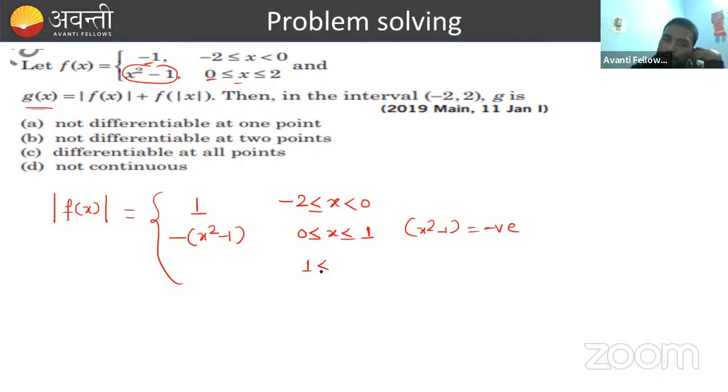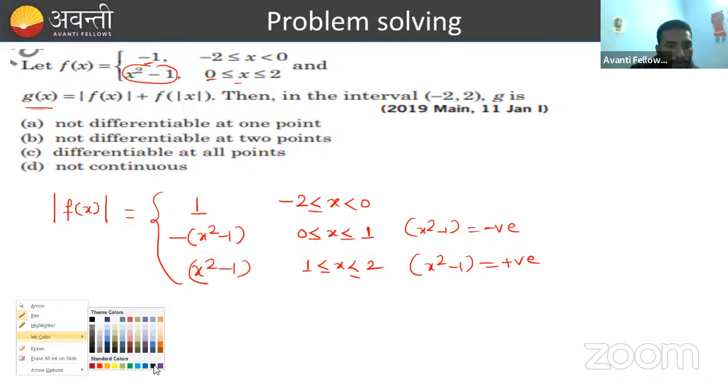And from 1 to 2, it is positive again, so after mod it is x square -1 only. So from -2 to 2, we have found mod of f of x, right?